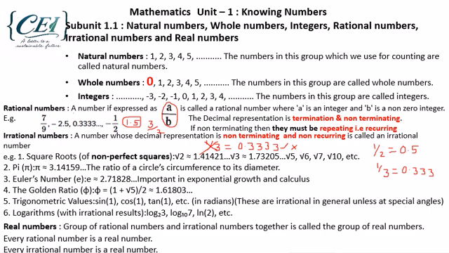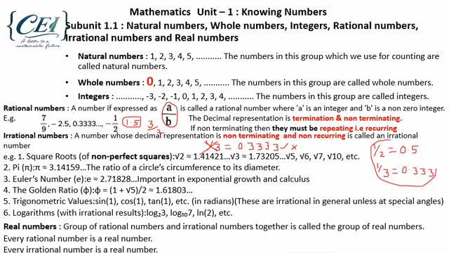So this is repetitive. 1 upon 2 is terminating, and 1 upon 3 is non-terminating. So a rational number can be terminating as well as non-terminating.